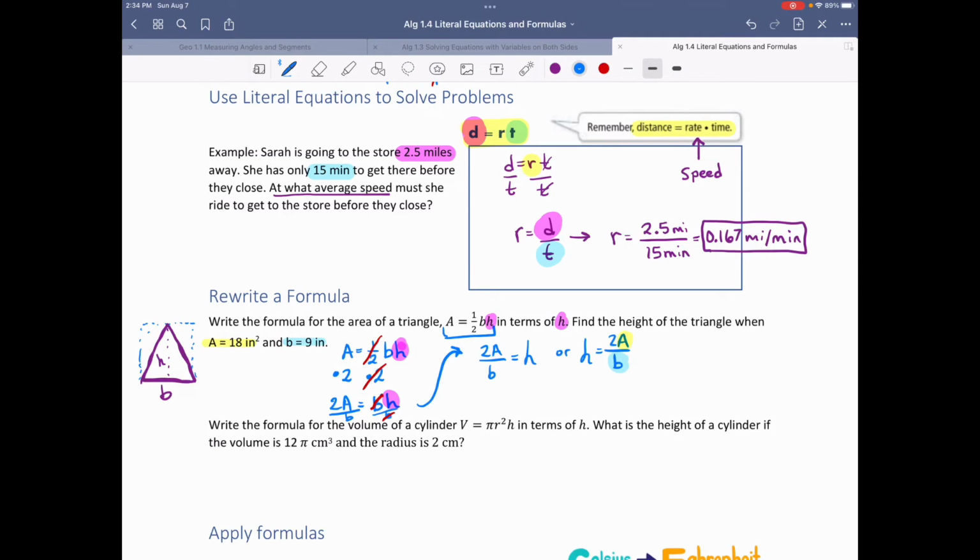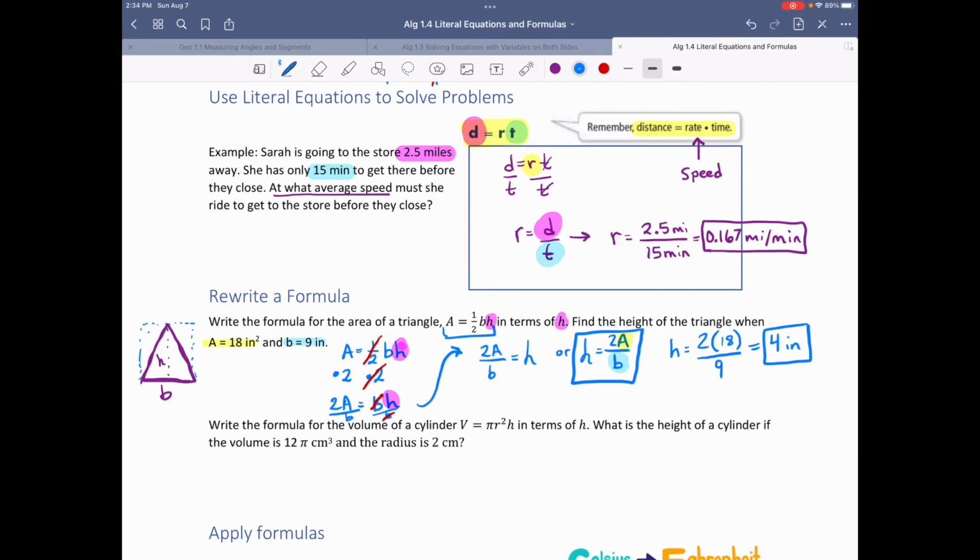So from there, we have h equals 2 parentheses. A was 18 inches squared, that's the area, divided by 9. That is going to equal 4 inches, right?